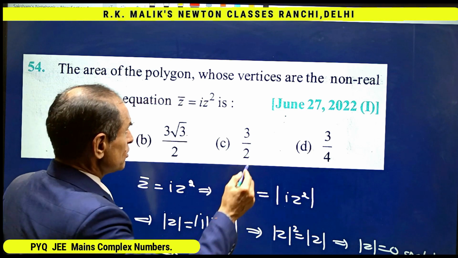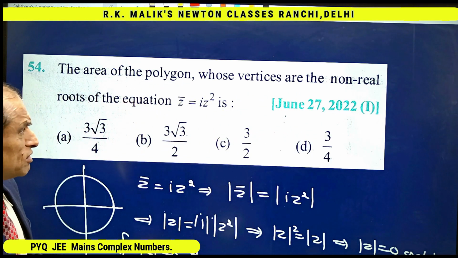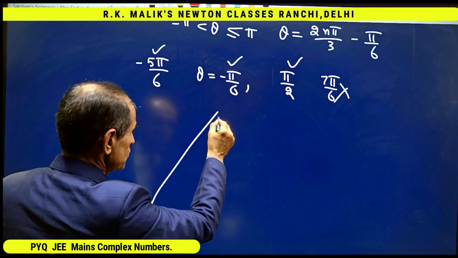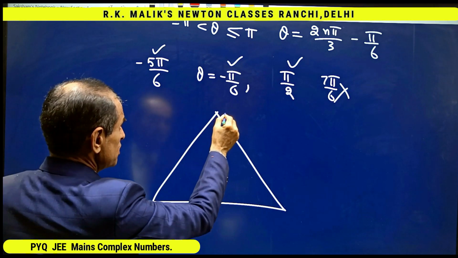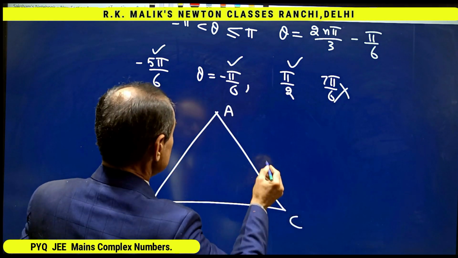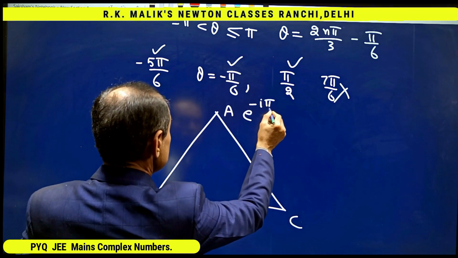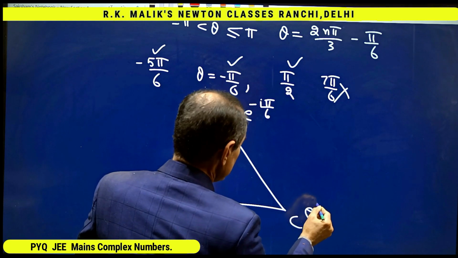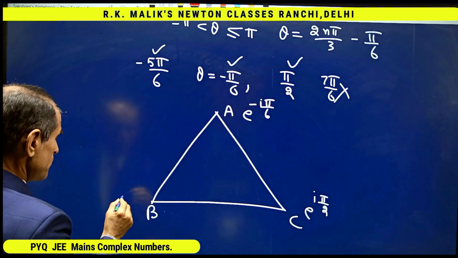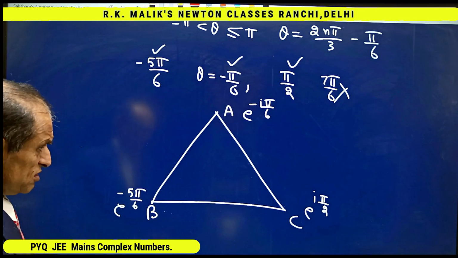And hence we have got a triangle A, B, C: e to the power minus i pi by 6, e to the power i pi by 2 and e to the power minus 5 i pi by 6.